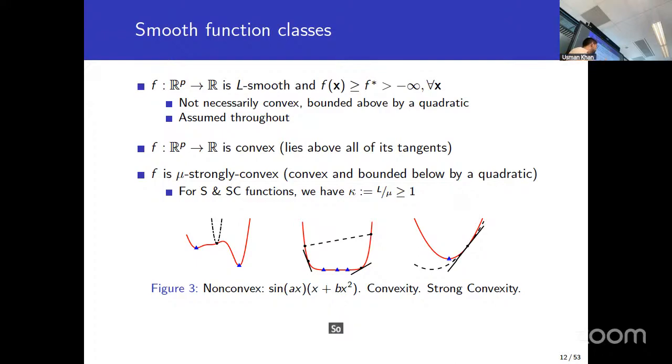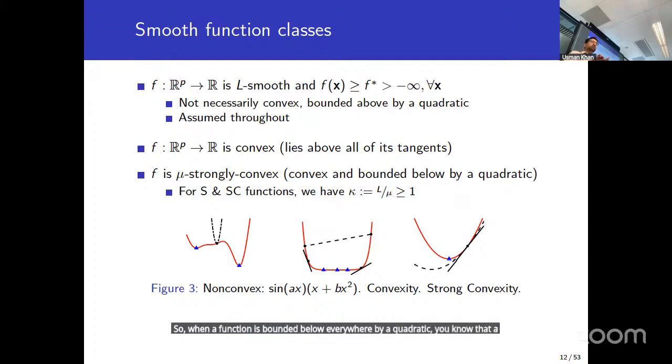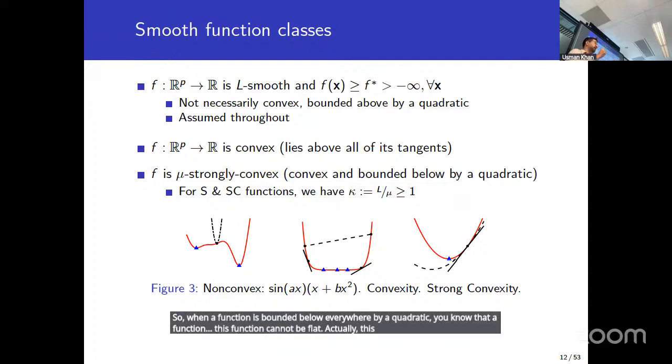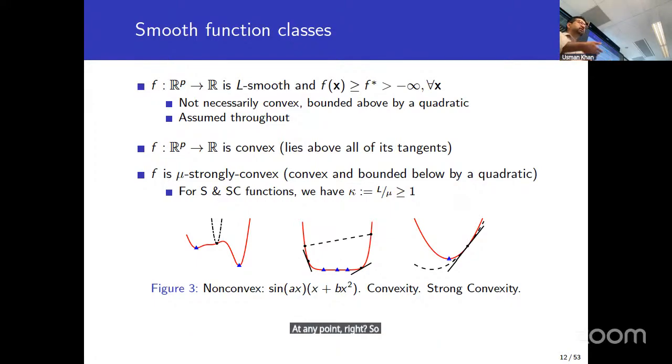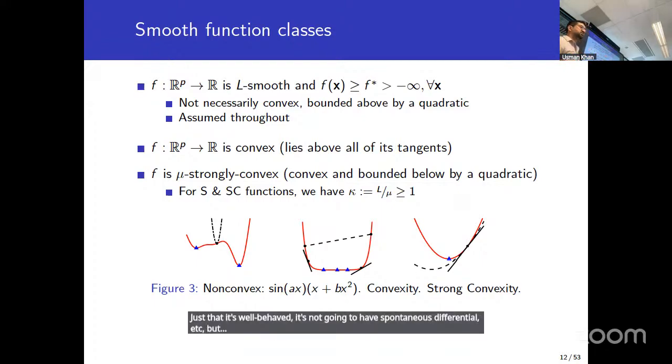When a function is bounded below everywhere by a quadratic, you know that this function cannot be flat. Actually, this function cannot be worse than x squared at any point, right? So the point where this function achieves the minimum value is also unique. Unique minimum, unique minimizer, and in this case it's well behaved, it's not going to have discontinuity, it's differentiable, etc. But much else we cannot enforce here.